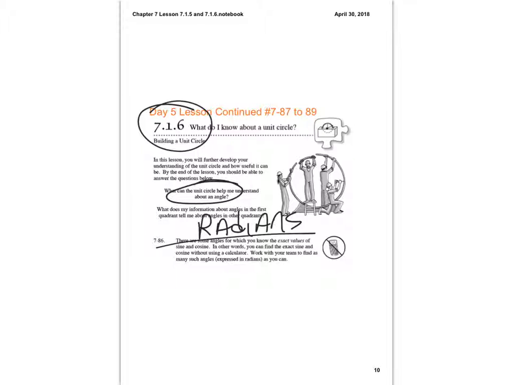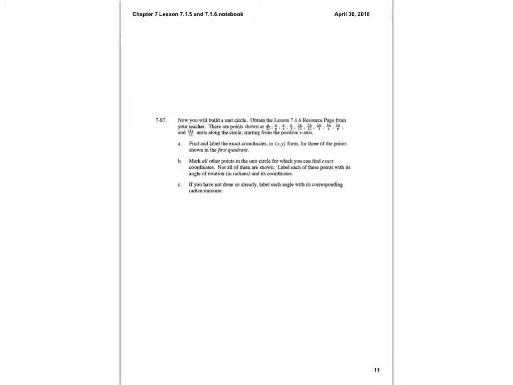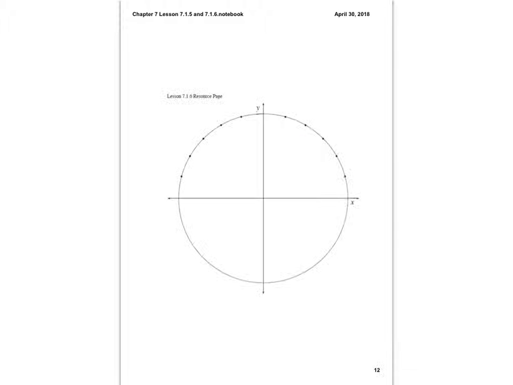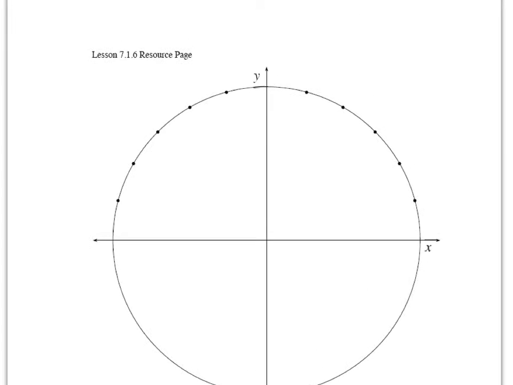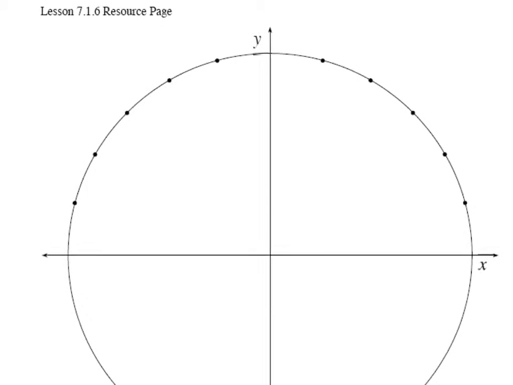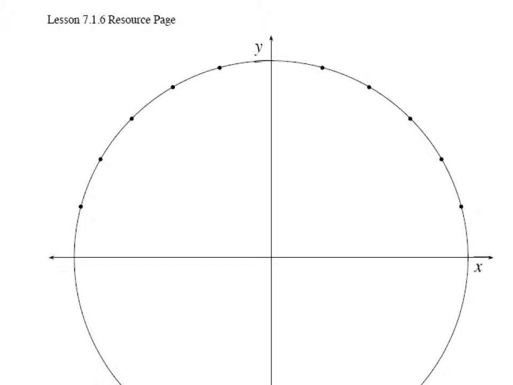So if you can forward to a slide that has the unit circle on it, we will complete the top portion of this, and then maybe we can get to the bottom half also.